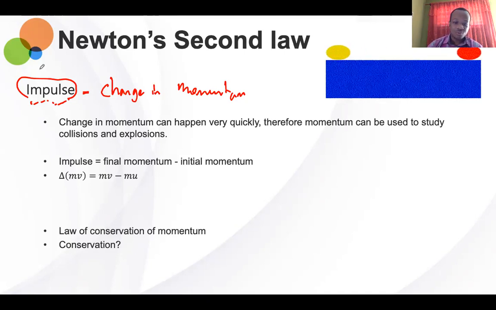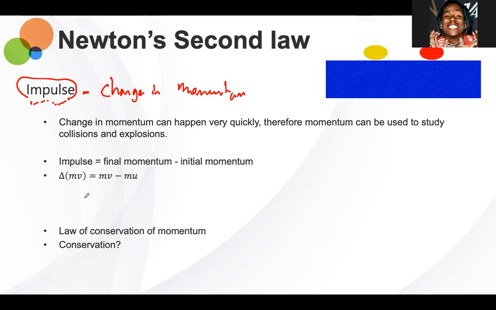Let's do this before we close and then come back. So we said that impulse is a change in momentum. First we have our final momentum. Remember the last experiment, the final momentum was 1, right? And then the initial momentum was what? 0.5.